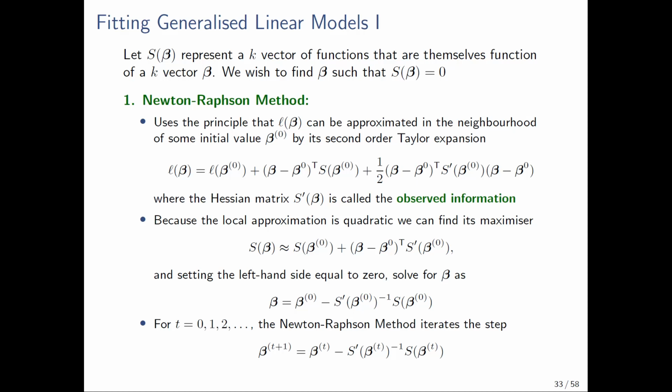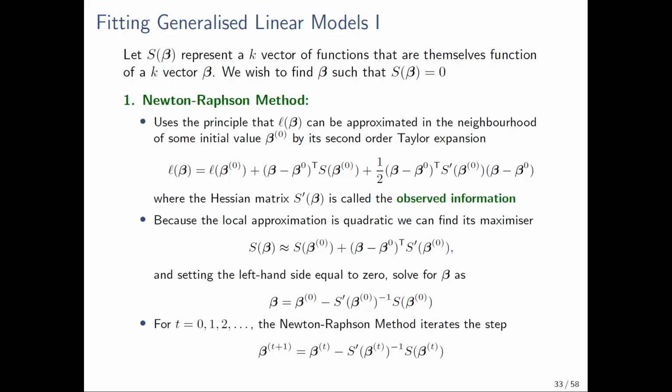The Newton-Raphson method uses the principle that the log likelihood can be approximated in the neighborhood of some initial value by its second order Taylor expansion shown on the slide, where the Hessian matrix, the matrix of second order derivatives, is called the observed information.